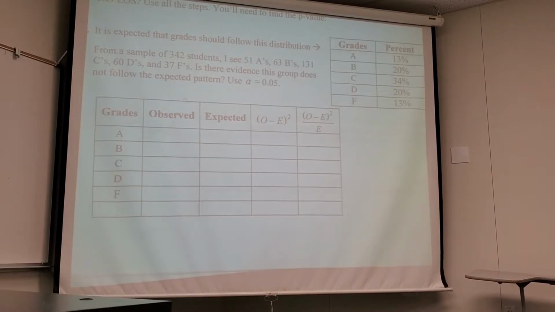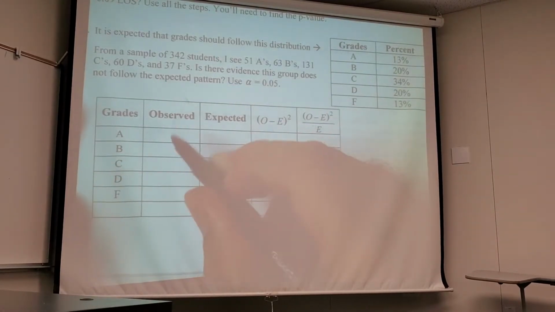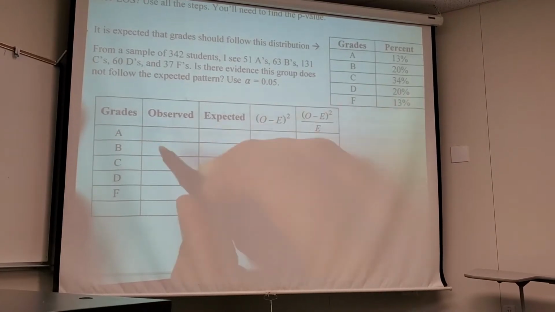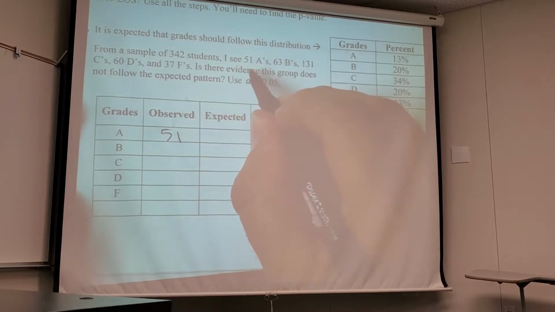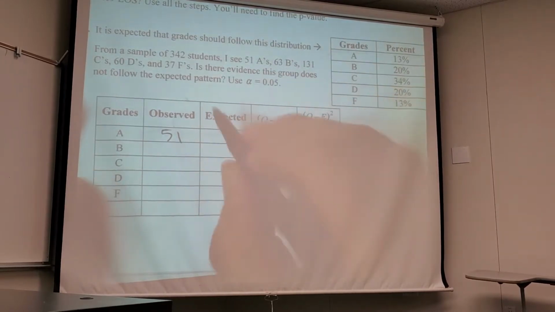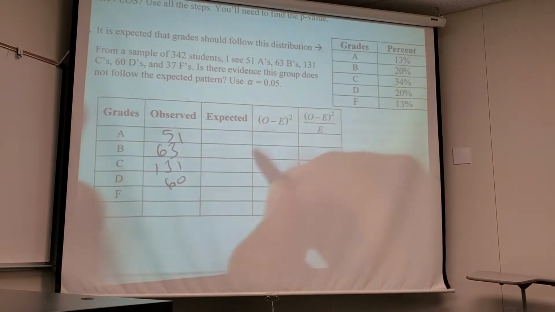Just to make sure everybody's on the right track with this one. What goes in this column here? Right here I put 51 because I observed 51 A's, so that column is easy.